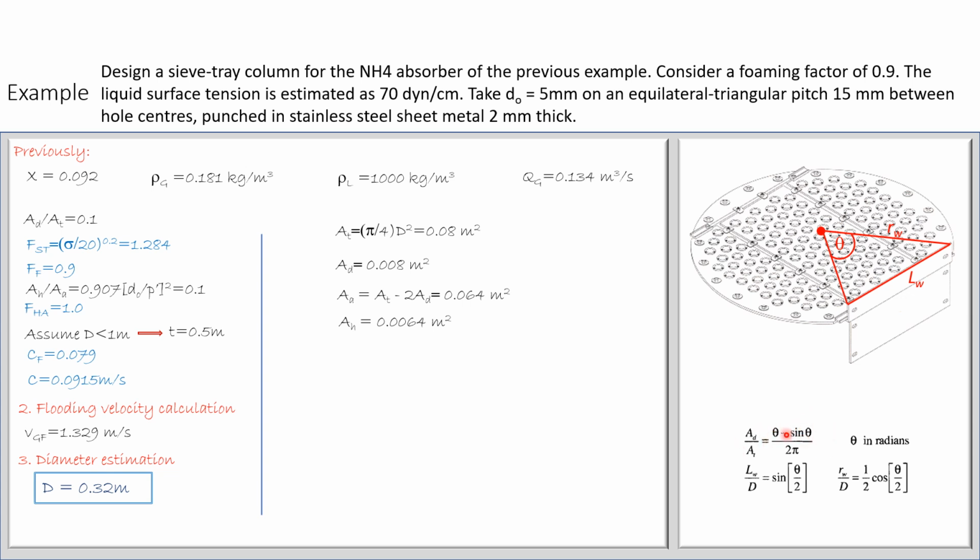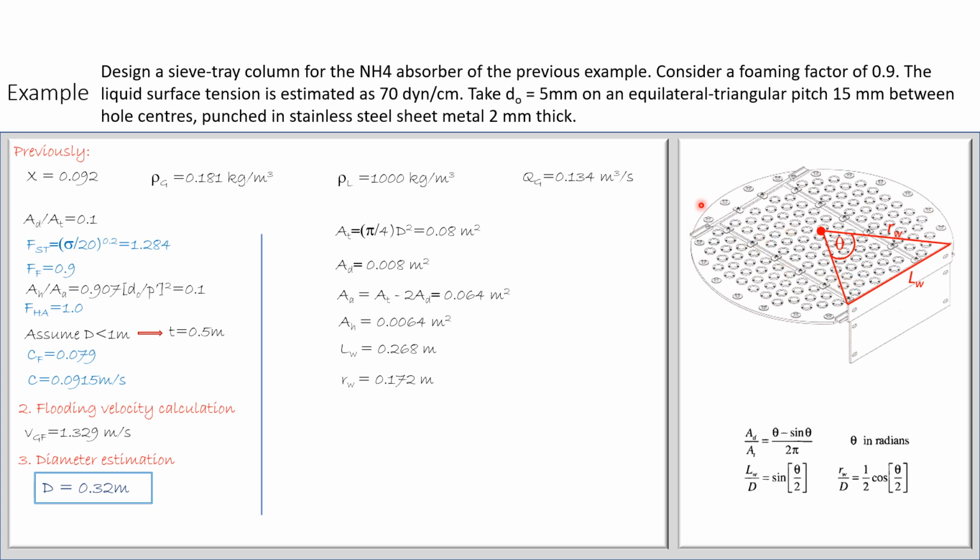So we can solve for theta, which is in radians. Once I know theta, and I already know the diameter, which is 0.32 meter, I can easily calculate LW and RW, which I did here, and LW equals 0.268 meter, and RW is 0.172 meter. And by this, basically, we have a complete design of the tray.